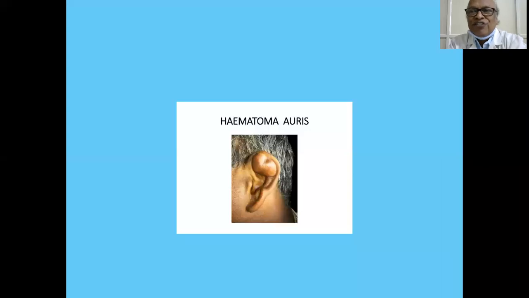But everything should be done under strict aseptic precautions. If you don't take strict aseptic precautions, the patient will go in for perichondritis, and the entire pinna will shrink and become very, very unsightly. It becomes like a nodule, otherwise known as pugilistic ear or caliper ear.